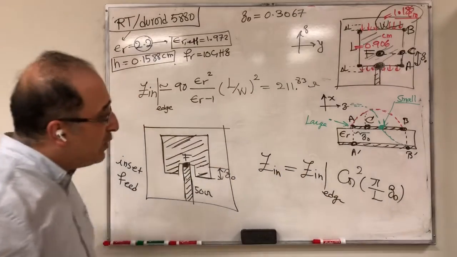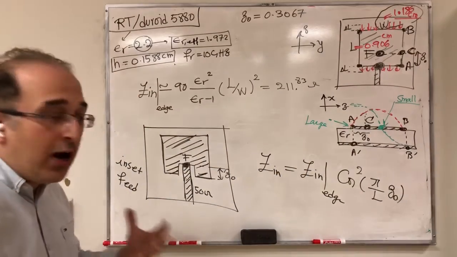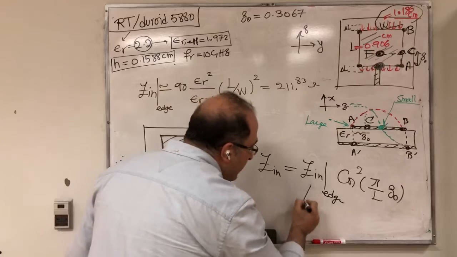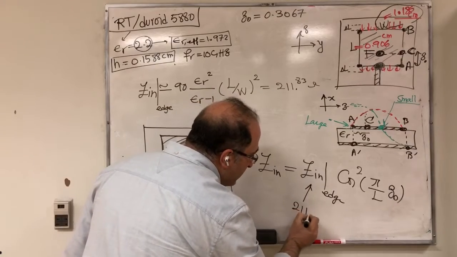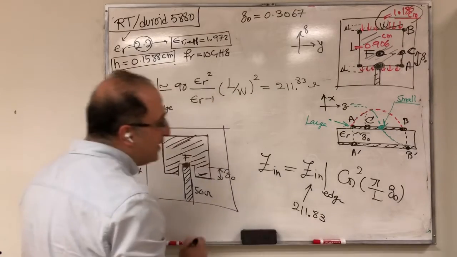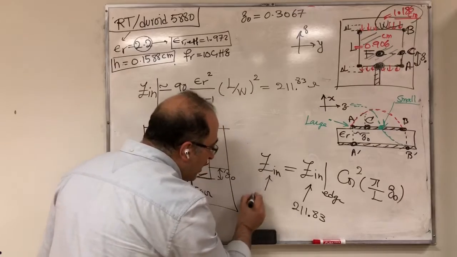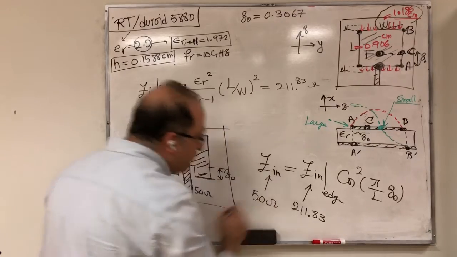So this is the equation that we have. Now, in our case, Z in at the edge is 211.83. Z in that we desire is 50 ohm.